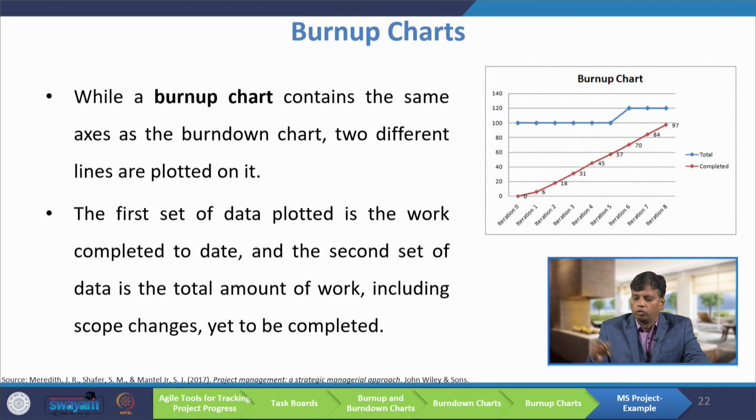The blue line says the work yet to be completed, the maroon line says the work completed. You see here there are 100 points, we are slowly increasing to reach that, but because of scope changes and rework, the point has jumped from 100 to 120.